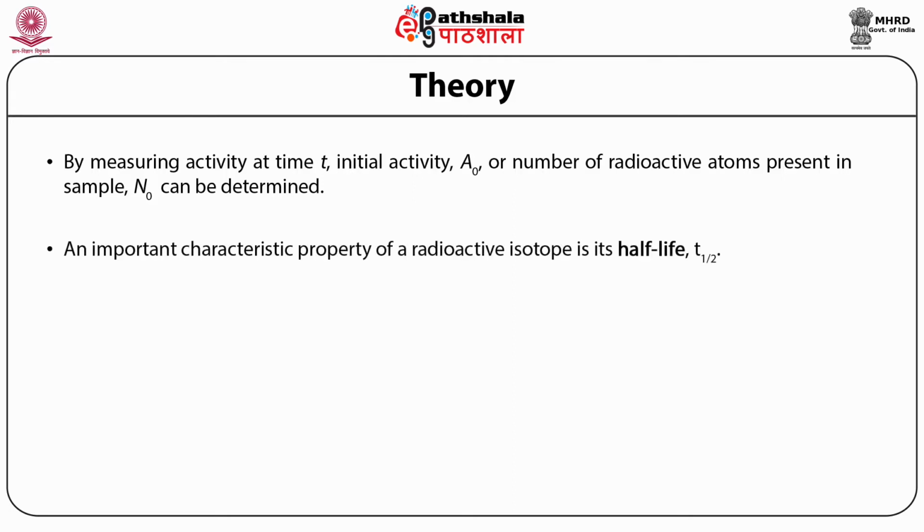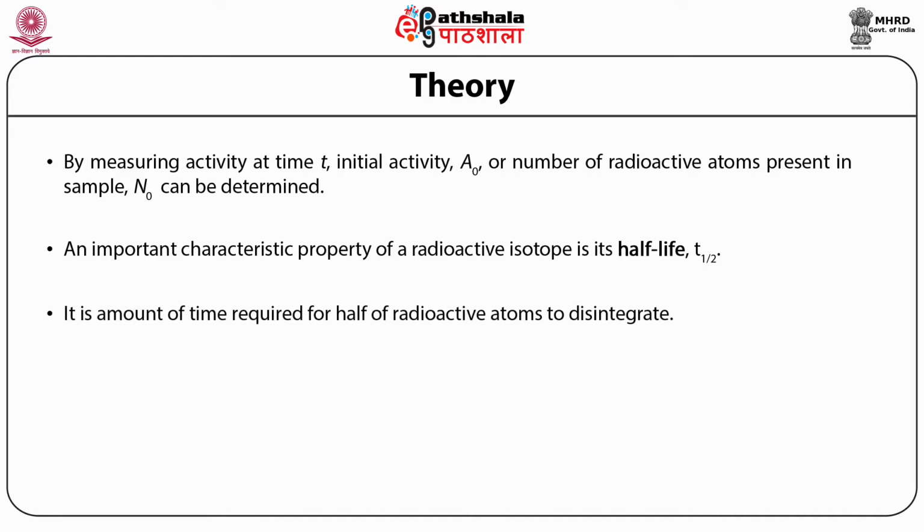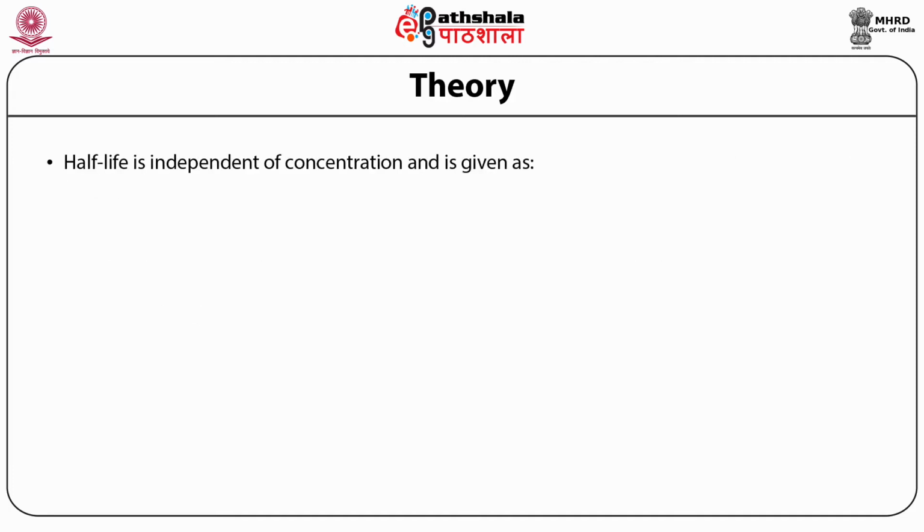An important characteristic property of a radioactive isotope is its half-life, T half, which is the amount of time required for half of the radioactive atoms to disintegrate. First order kinetics is independent of concentration, and T half is equal to 0.693 upon lambda, as shown in figure 4.